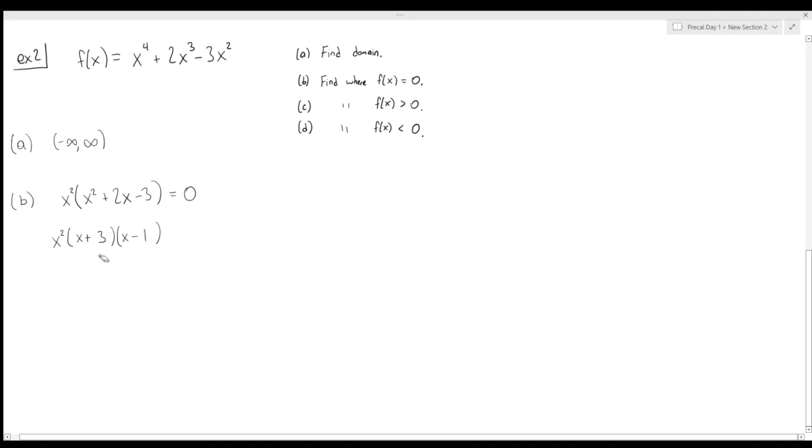Okay. So they multiply to be negative 3. They add to be positive 2. All right, and then from here, we see this time that we had 3 zeros. So if x is equal to 0, that's one solution. If x is negative 3, that's another solution. And if x is positive 1, that's our third solution, okay?